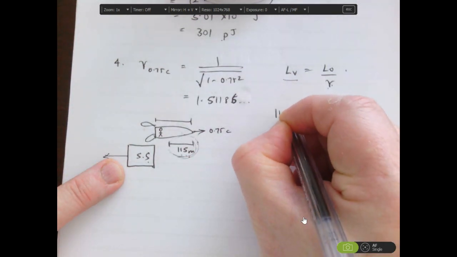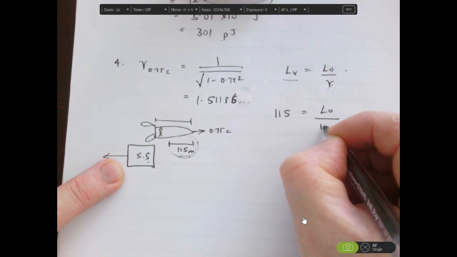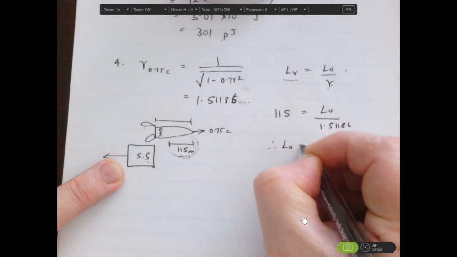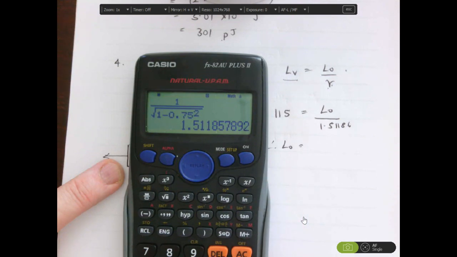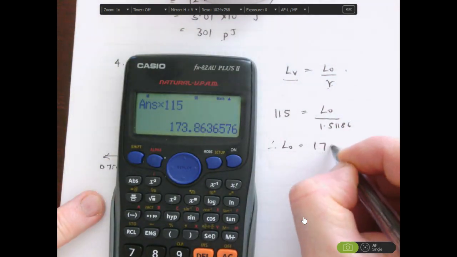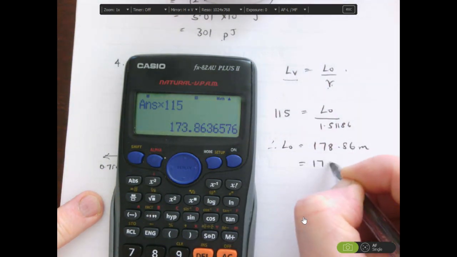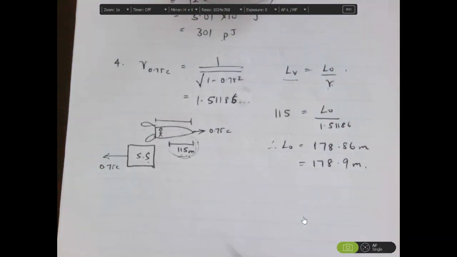So 115 equals L naught divided by gamma, which is 1.51186. So the proper length would be gamma times 115, which is 178.86 meters, or 178.9 meters. Okay, that was A.